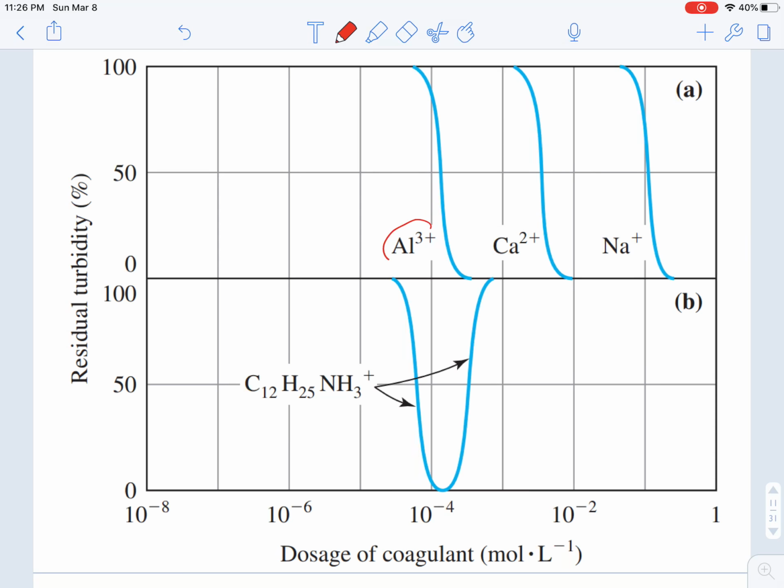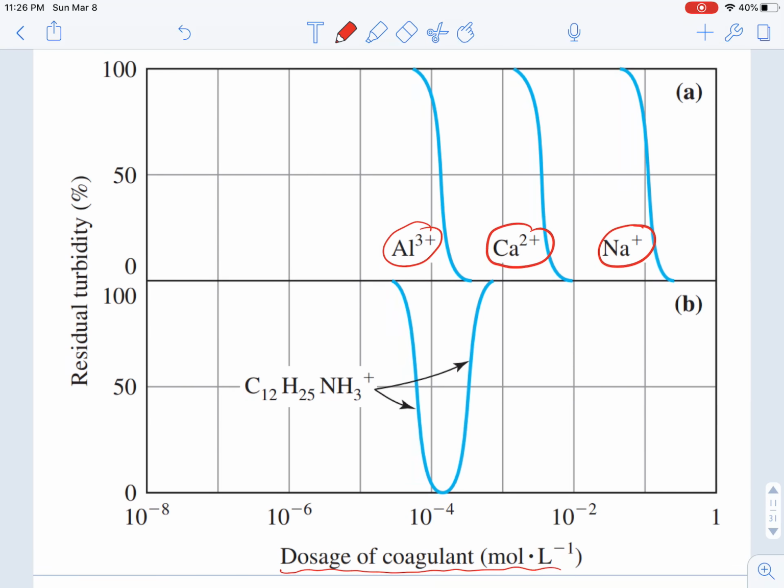So you can see that if we use aluminum ion, right, we typically will use a lower dosage of the coagulant, and this will reduce the turbidity of the water. If we use calcium ion, typically we'll use a higher concentration of the coagulants, and for sodium ion, it is just wasting a lot of materials in the water, right? We can also use these organic polymers.